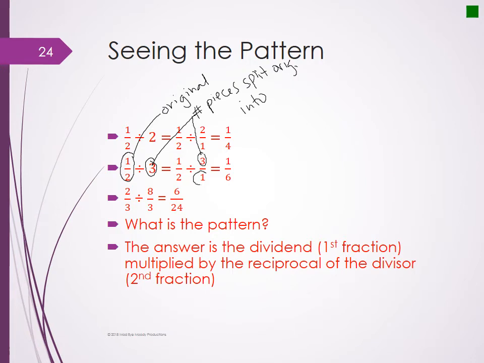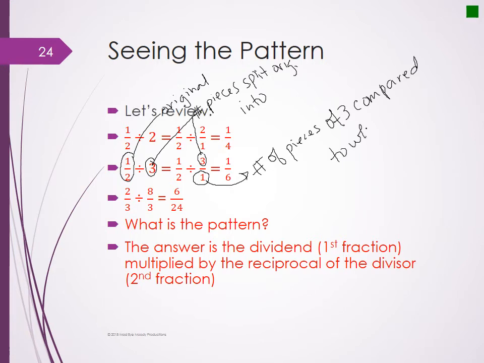And then this 1 is the number of pieces of the 3 I compare to the whole. So if I take 1 of the 3 pieces that I made from the 1/2, that's actually 1/6 of the entire whole.